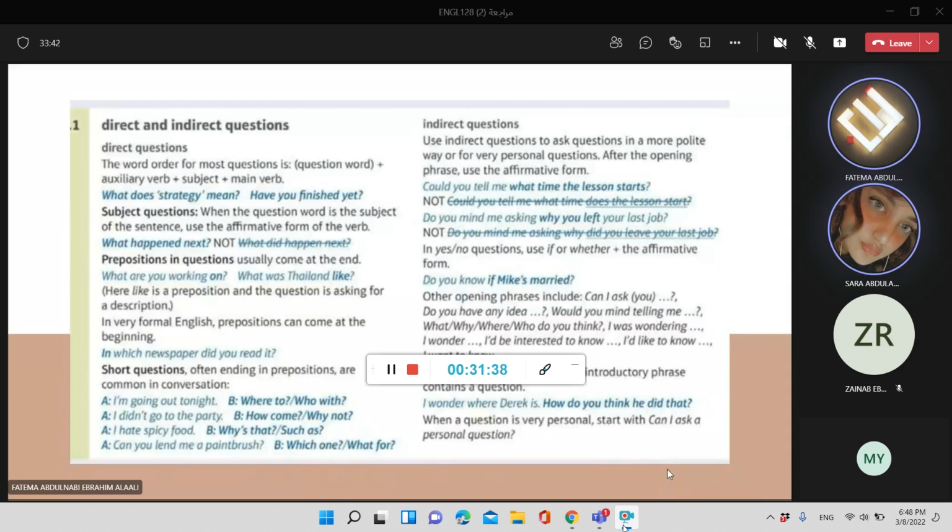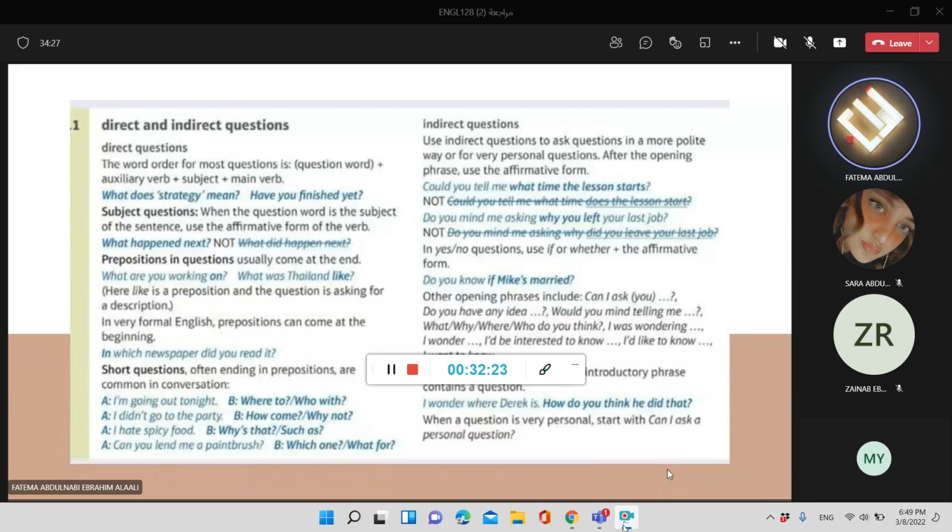No, we remove does. So what strategy means? We remove does, so we have to put s with the verb. So you have to be careful in forming direct into indirect questions. We remove the helping verb, and if it is does, we have to put s with the verb.